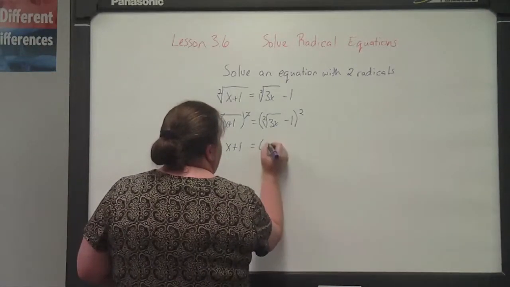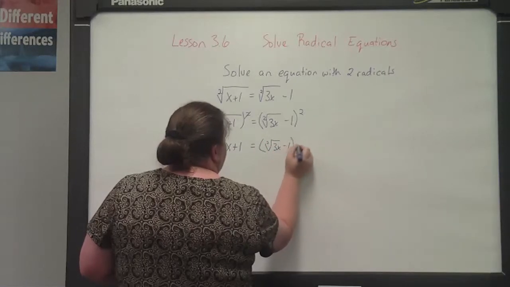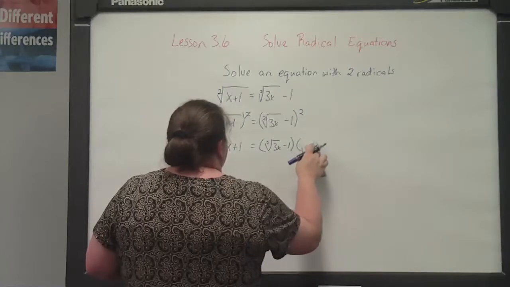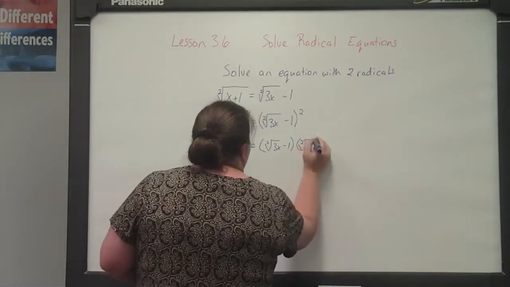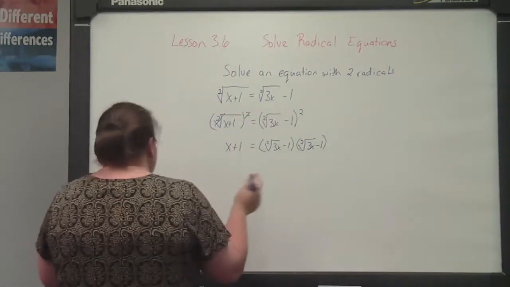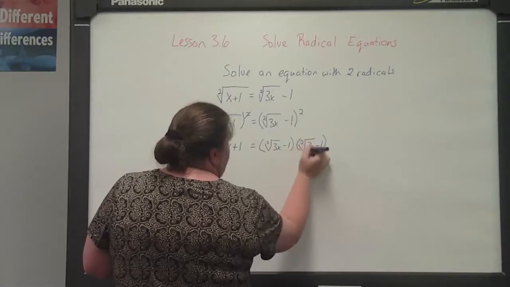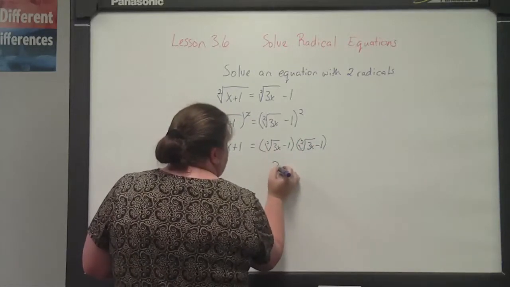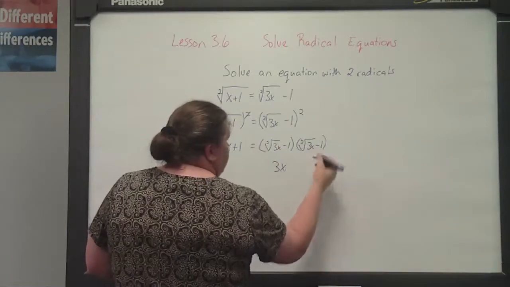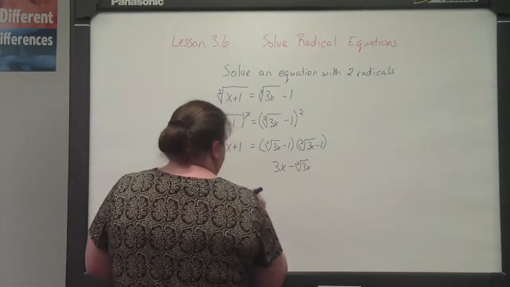So I'm going to go ahead and say the square root of 3x minus 1 times the square root of 3x minus 1. Now you can FOIL this, and remember we have square root of 3x times square root of 3x gives us just 3x. And then we have square root of 3x times a negative 1 is a minus square root of 3x.